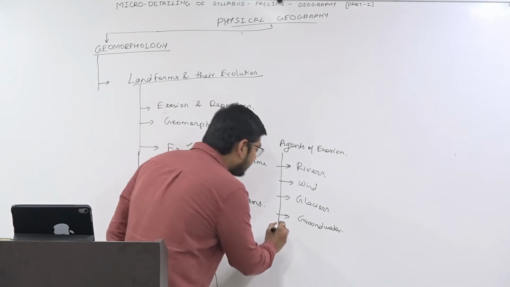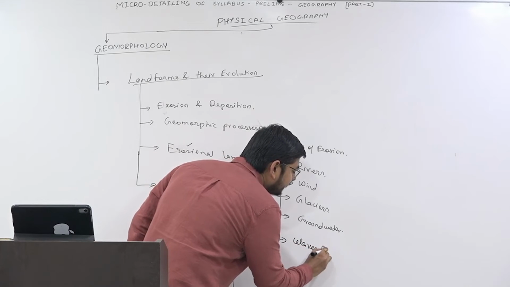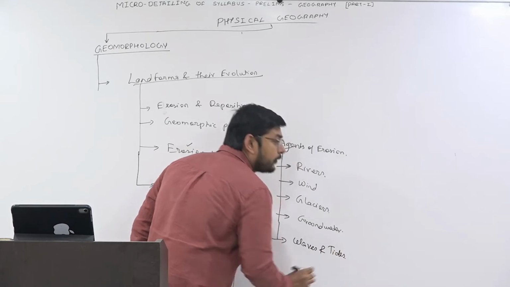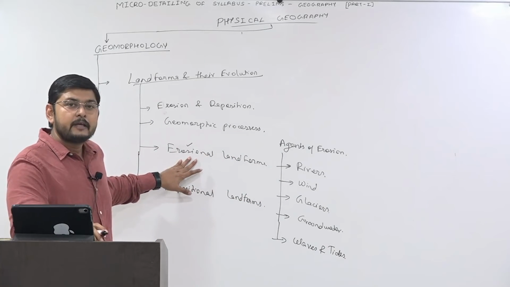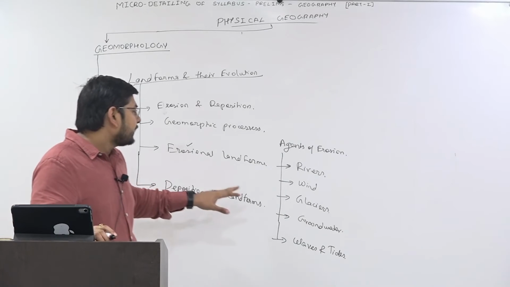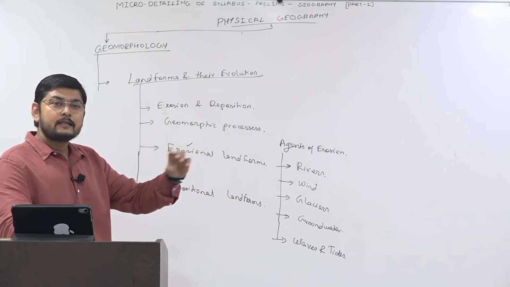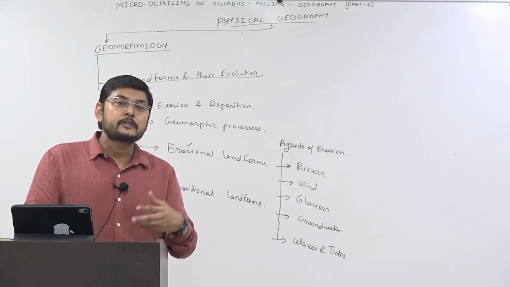After this, we also have another type of agent of erosion, that is waves and tides. With respect to erosional landforms, we have sea cut platforms, which are part of the erosion. But we see the deposition of sand, which results in the formation of beaches.